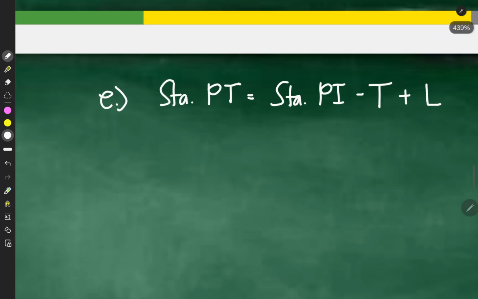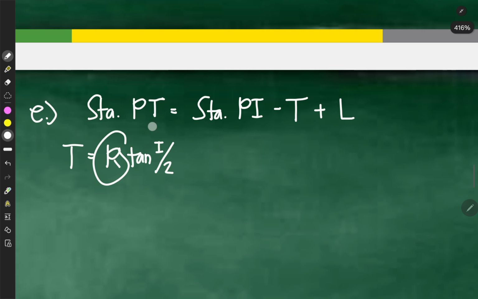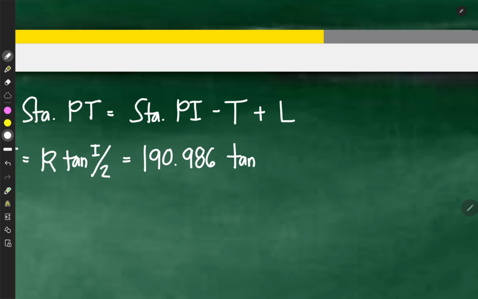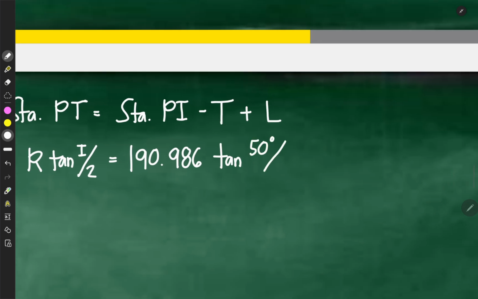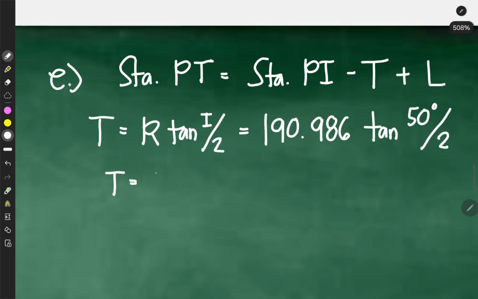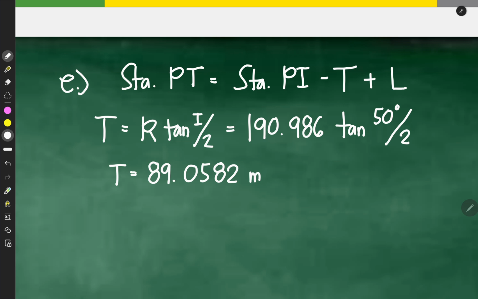What is our formula for tangent distance? T is equal to R tangent I over 2. R and I are both given, so we can now solve for the tangent distance. Our R is 190.986, tangent of I, which is 50 degrees, over 2. This is equivalent to 89.0582 meters.